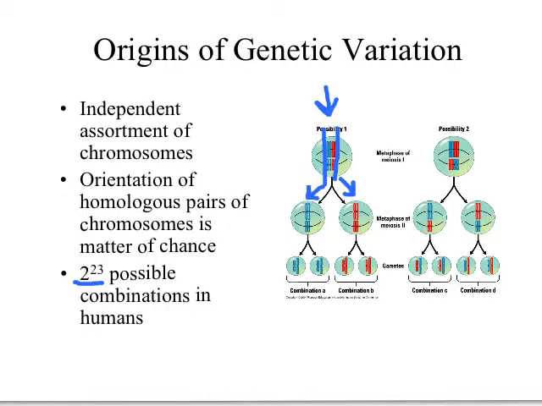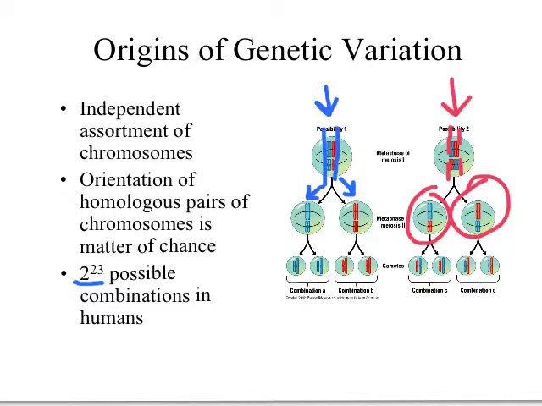And again, I'm saying mom versus dad just to make it a little clearer how that works. However, in possibility number 2, we could get some of dad's on the left and some of mom's on the left too, and for some sets of chromosomes we can get mom's on the right or dad's on the left, so we get a combination of these chromosomes in the daughter cells.